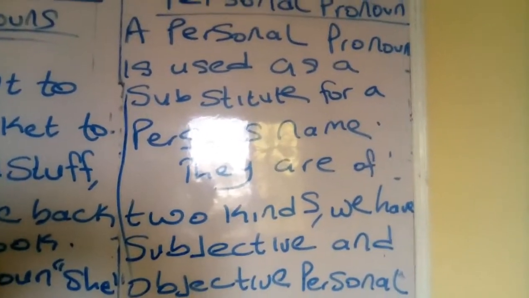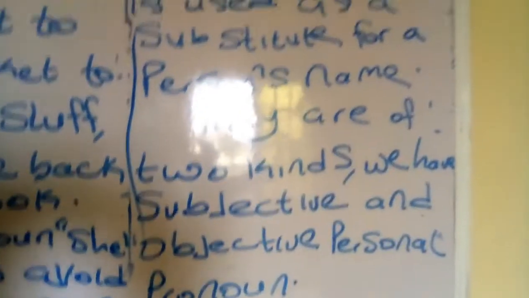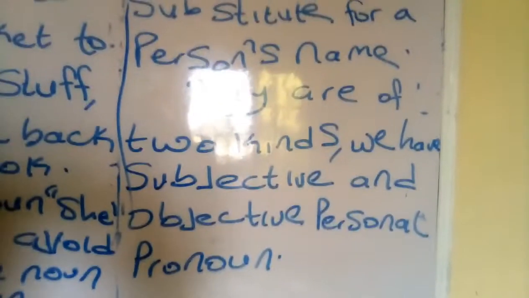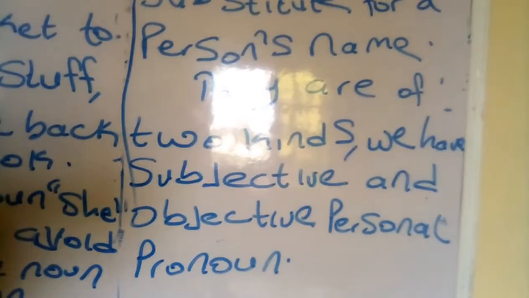So a personal pronoun is used as a substitute for a person's name. They are of two kinds, subjective and objective personal pronoun. I'm doing this so that you can copy this.